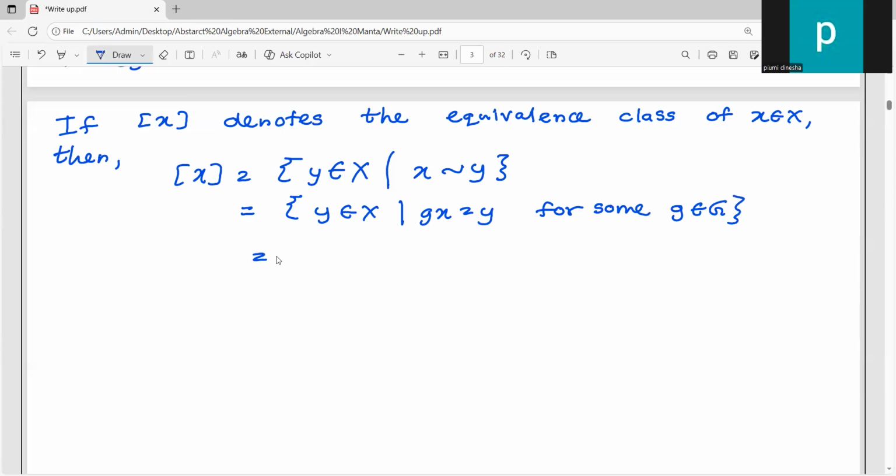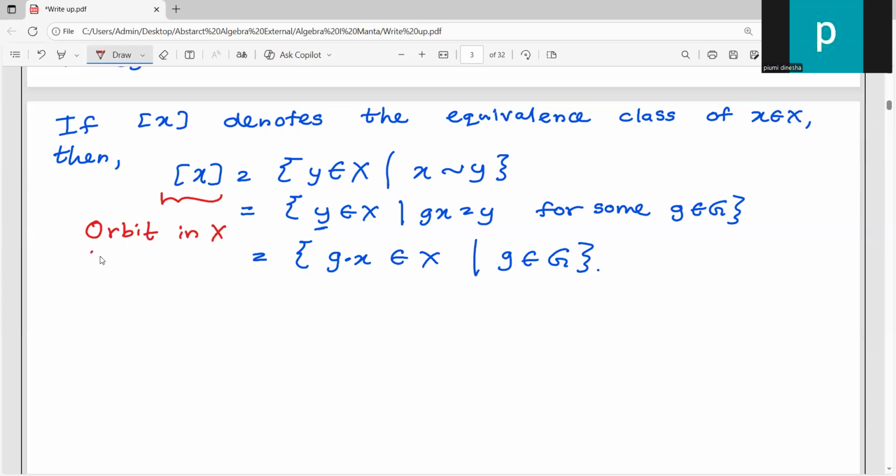In other words, this contains every element g dot x in X, where g is an element in the group. This equivalence class is what we call the orbit in X under G.